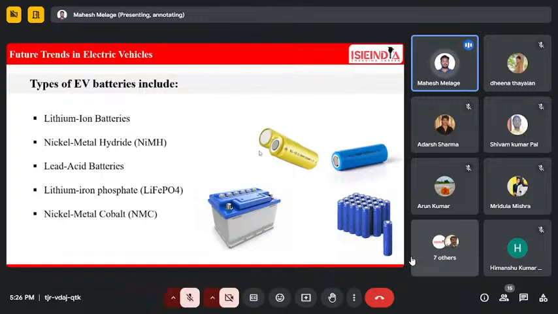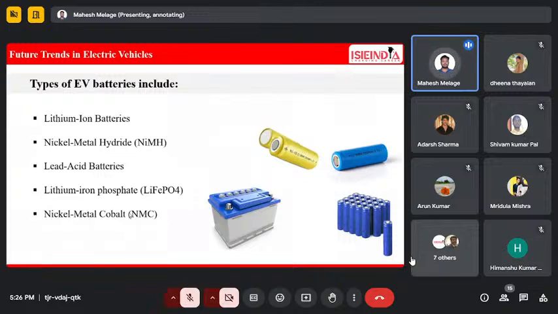In recent trends, we use the lithium iron battery because lithium iron has a longer battery life cycle. The battery life cycle is large and the power density is also large. But in some cases, in European countries, NMC, nickel metal cobalt, is mostly used.